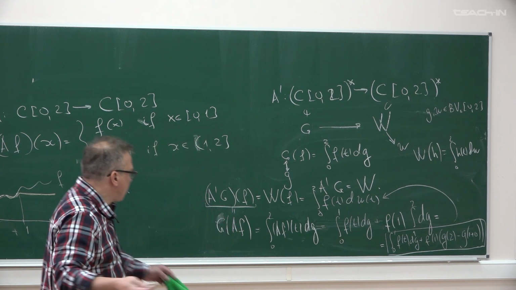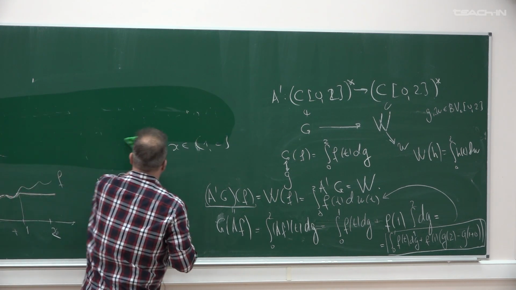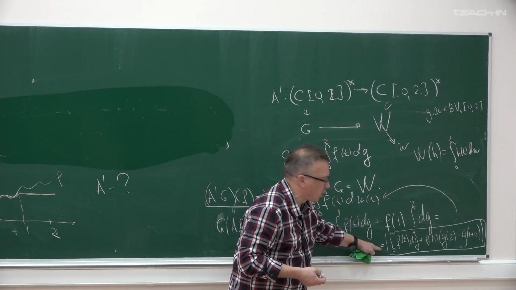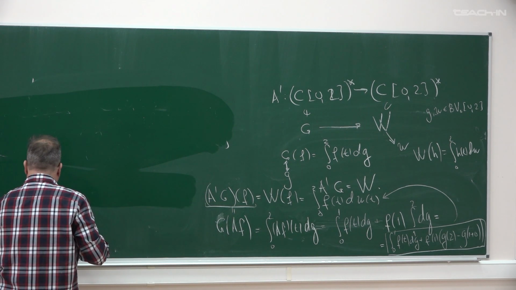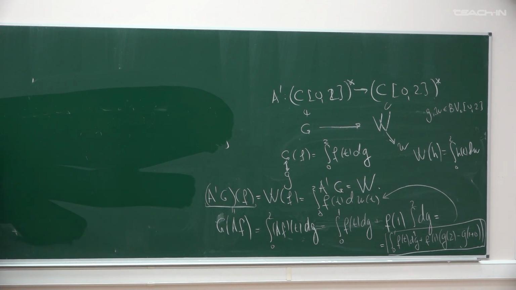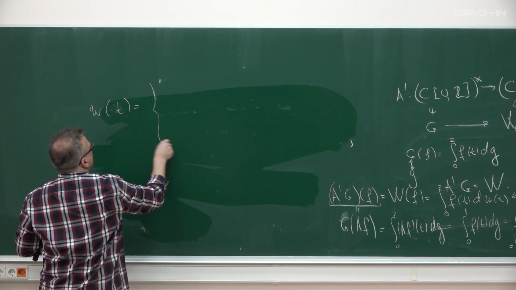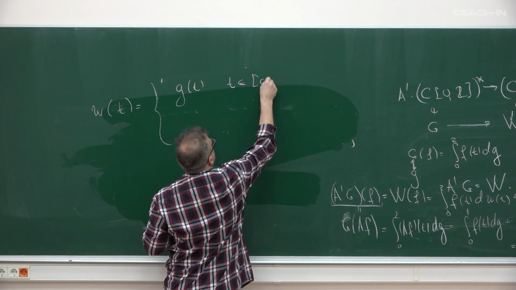So let's try, by comparing this formula to that formula. Is it clear that on the interval, w(t) coincides with g(t) if t belongs to [0, 1]?